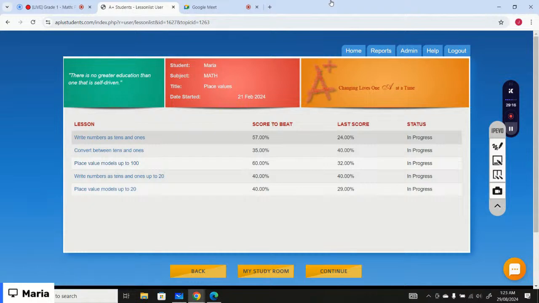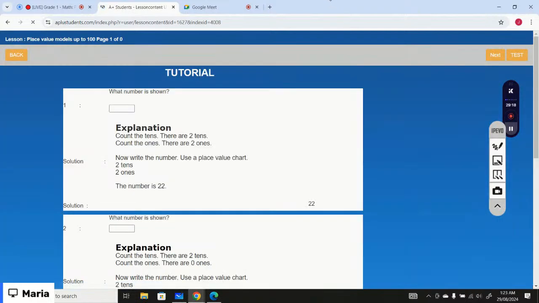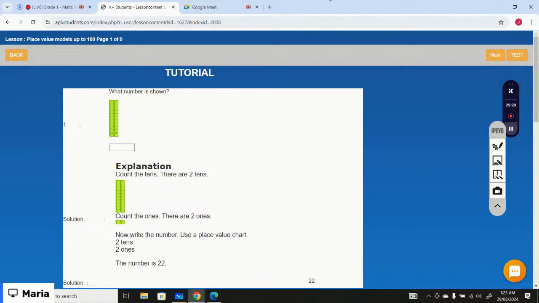The next lesson is place value models up to 100. What number is shown? Basically you have to learn the place value models.